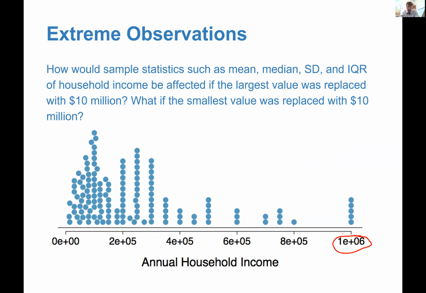Noticing you've got most of your people with wages below $200,000 a year. So if you took one of these dots, say this one, and that person's business just takes off, and instead of making 1 million that year, they made 10 million, how does that affect some of our numbers?